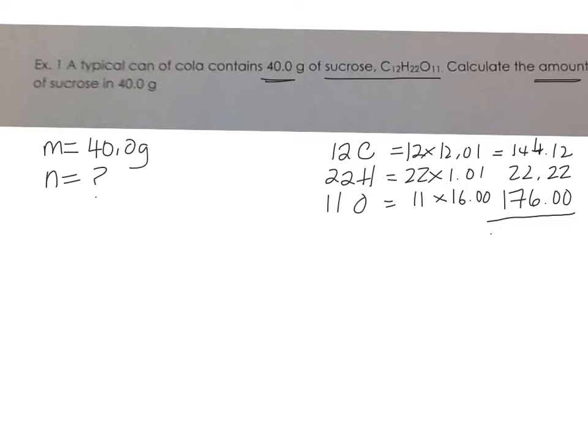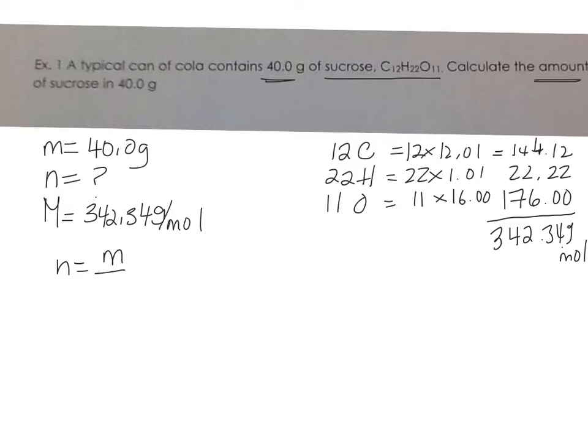So we're looking at 342.34 grams per mole. So now we know molar mass. We want to find moles. So n is equal to mass divided by molar mass: 40 grams divided by 342.34 grams per mole.